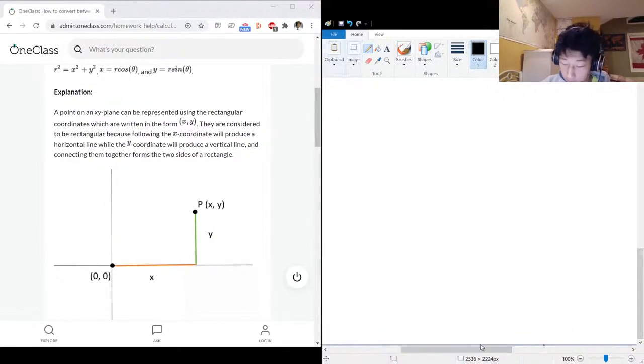Well, we have special equations that help us do that. We know x is equal to r multiplied by cos theta, and y is equal to r multiplied by sine theta.